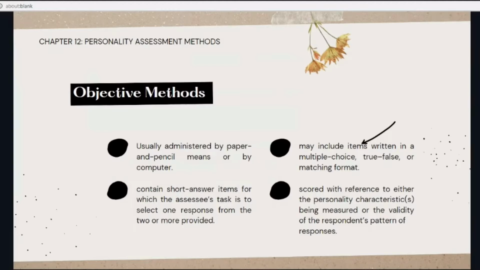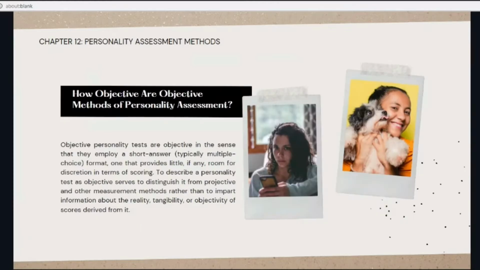So now, how objective are objective methods of personality assessment? Unlike tests that are open-ended or essay tests, scoring objective tests such as multiple choice ability tests has no room for emotion, bias, or favoritism on the part of the test scorer.